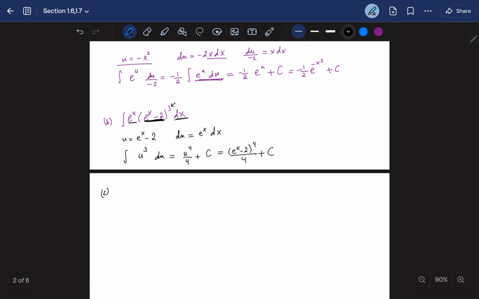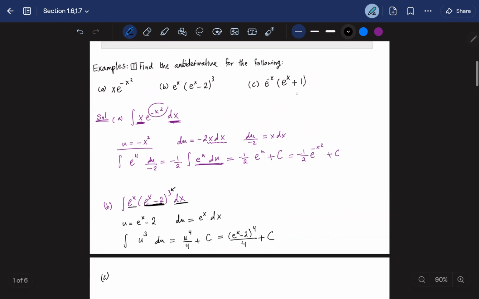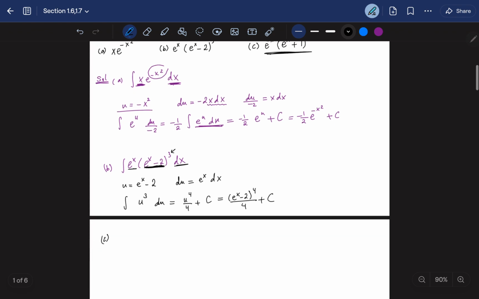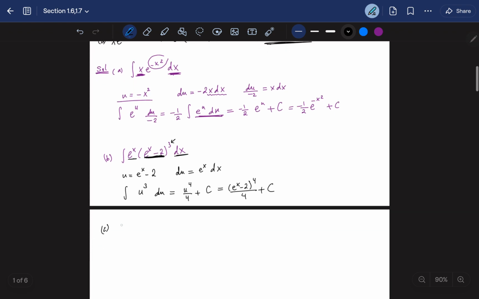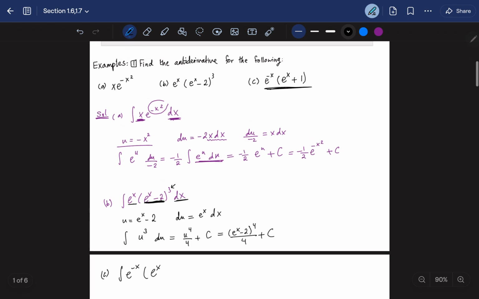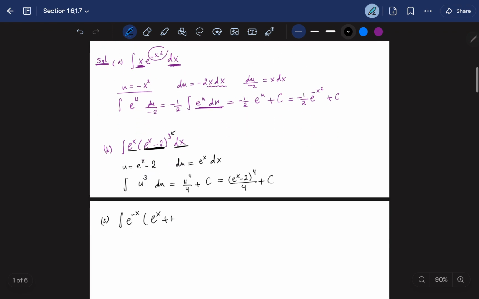And the last example that we have, I want to find the antiderivative of this. Now I have the integral of negative x e to the x plus 1 dx.